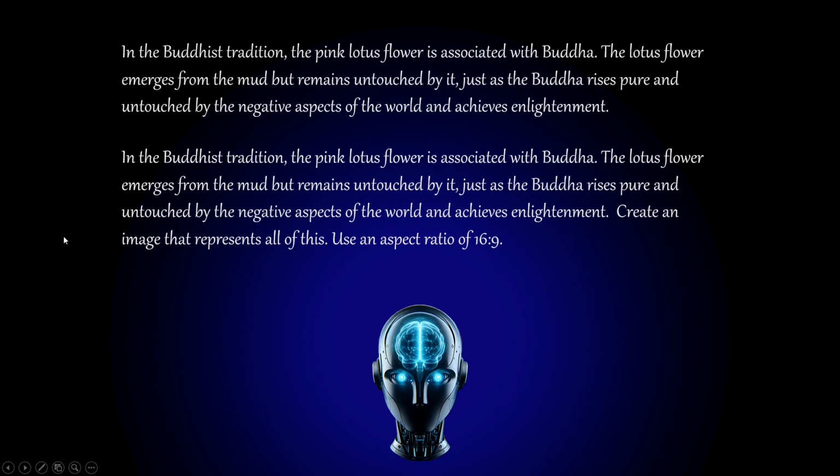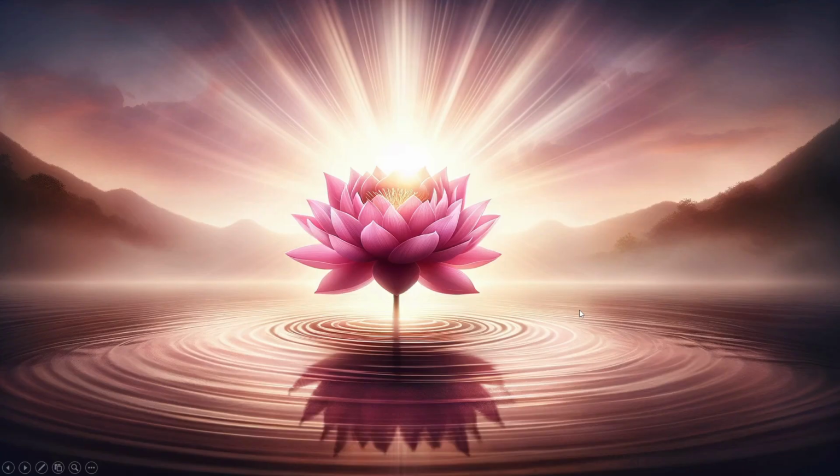I just said, create an image that represents all of this, and then Dall came out with this very fabulous image, guys. It's a pink lotus, and the lotus looks great, and you know the ripples underneath look beautiful, and of course we have these very beautiful mountains, the steam, the water vapor rising here, nice big sun with the rays and all that.